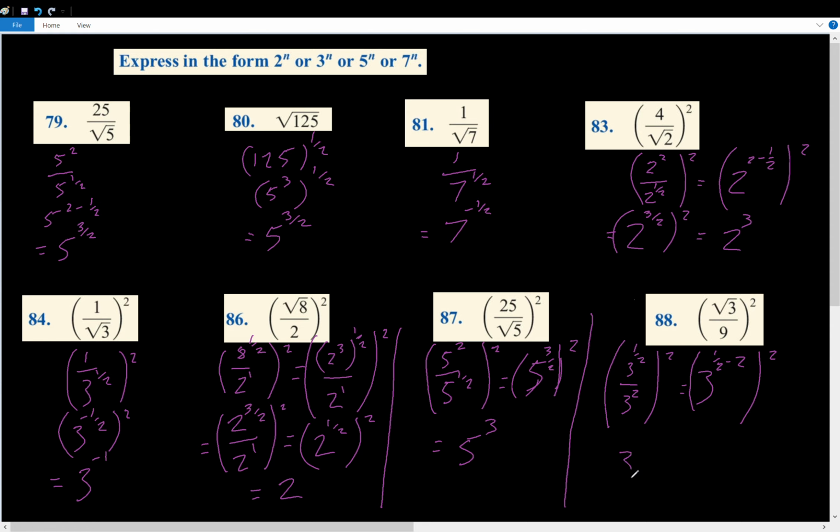It's 3 to the power of minus 3 halves, and that's all still squared. Then if we apply our power to a power rule, minus 3 halves by 2 is just minus 3. So we end up with 3 to the power of minus 3. And that is that.